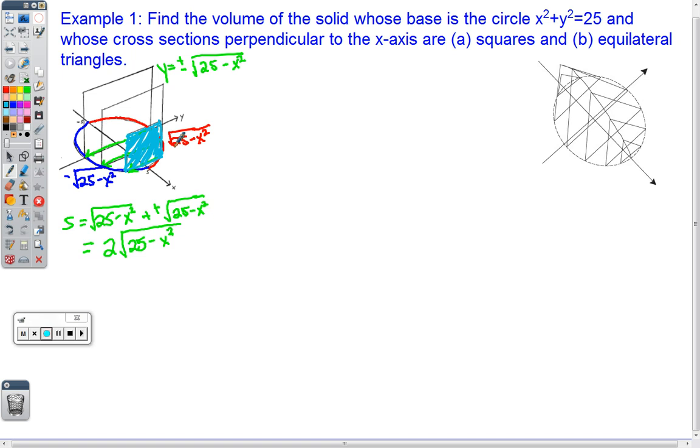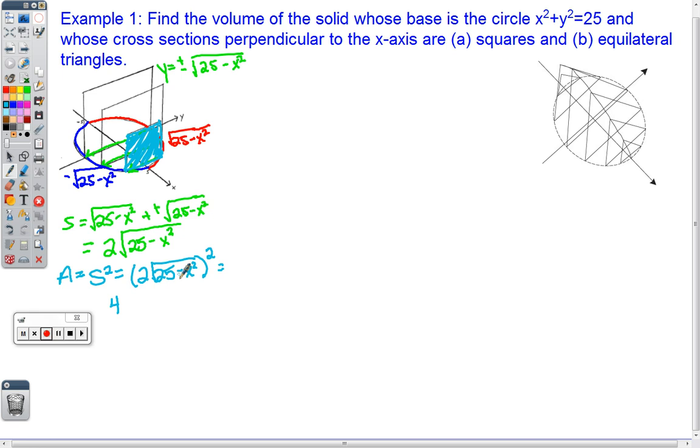These are squares after all. The area of one of these squares would be the side length squared, and the side length being 2 times the square root of 25 minus x squared, squared. 2 squared would be 4.